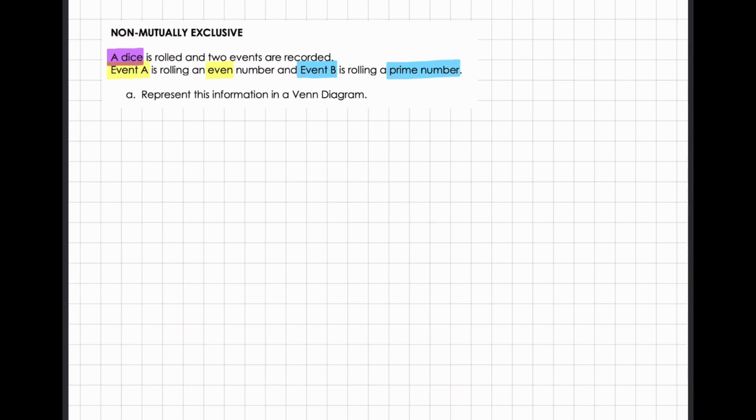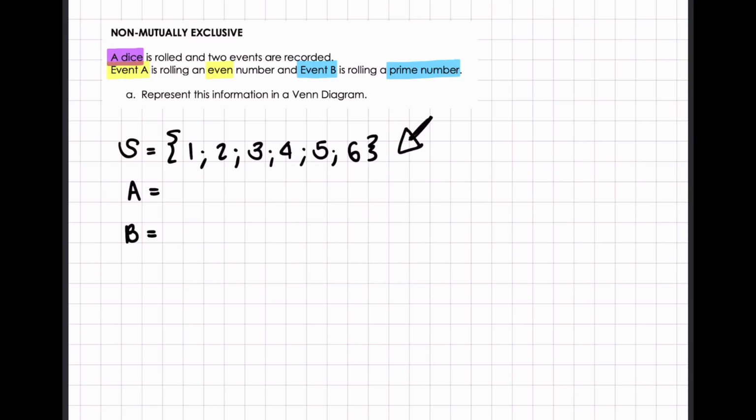All right, so I'm going to start by listing my sample space. So I have the values 1 to 6: 1, 2, 3, 4, 5, and 6. Then I have event A and I have event B. So from my sample space, from the values 1 through 6, event A is rolling an even number.